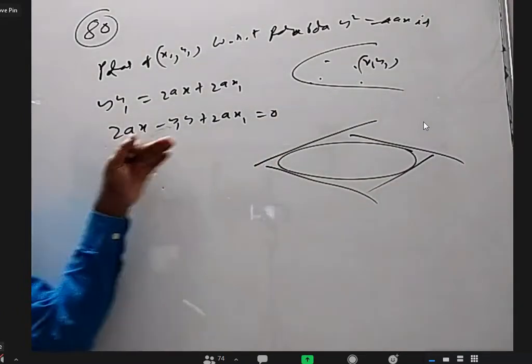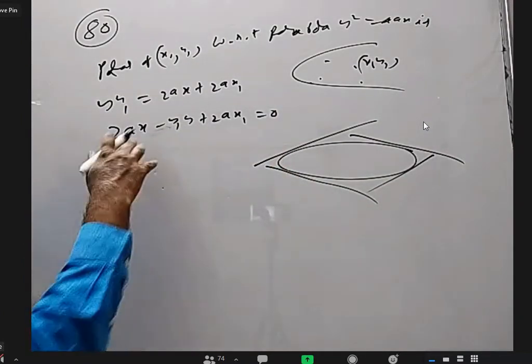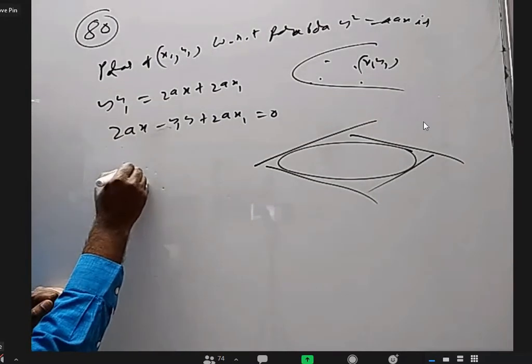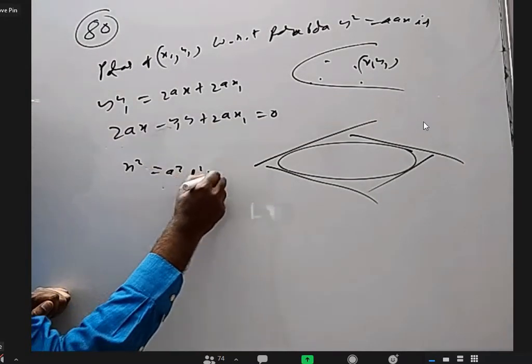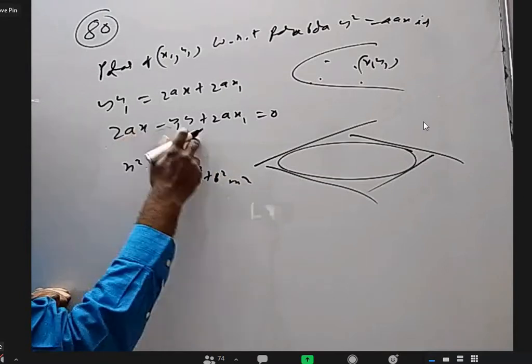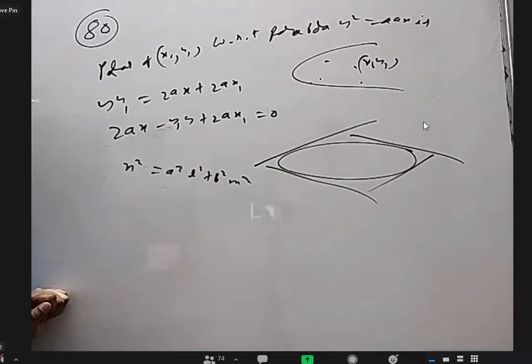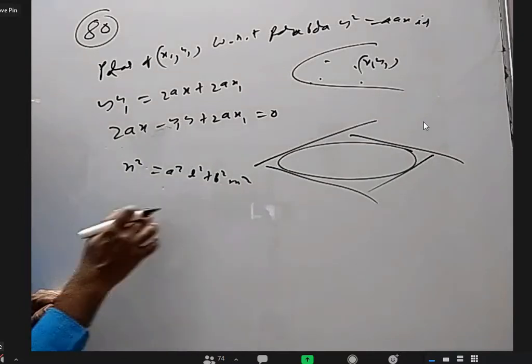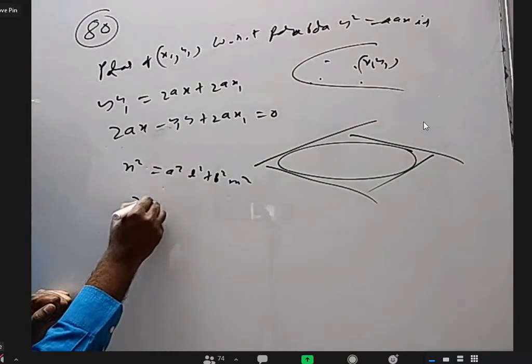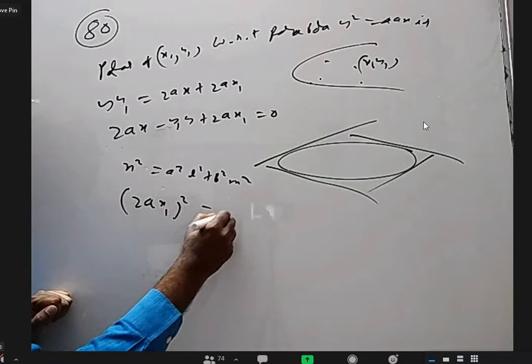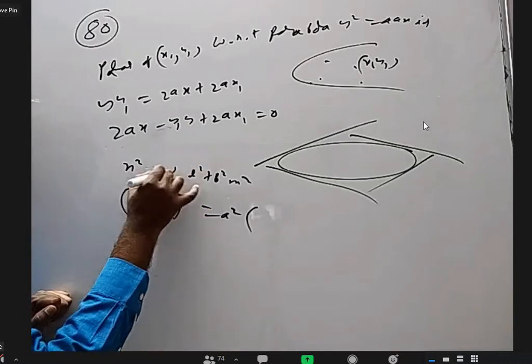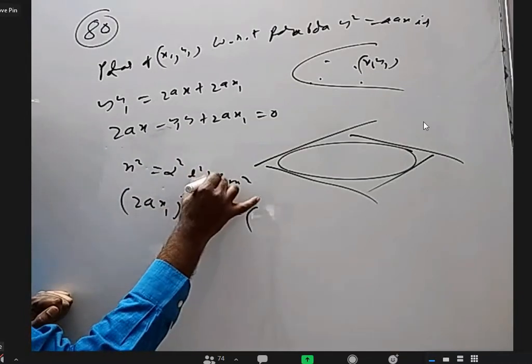This line should be tangent to ellipse. For a line to be tangent to ellipse, condition is n square equal to a square l square plus b square m square. Or I'd write in y equal to mx plus c form and use c square equal to a square m square plus b square. Okay, if I use this, n is constant, 2ax1 whole square. A square, not a square, this is alpha square and this is beta square in the present question.